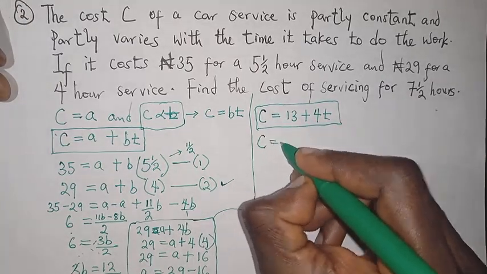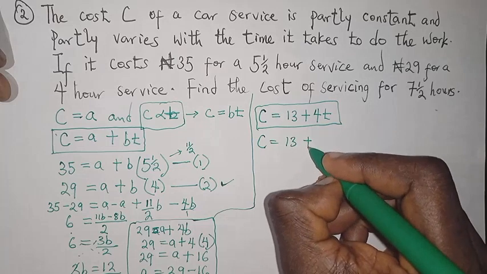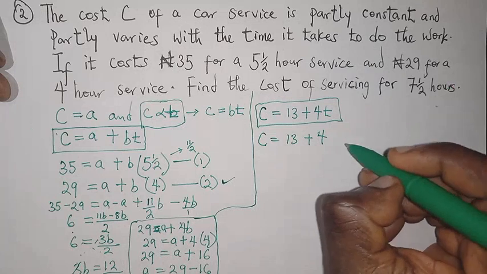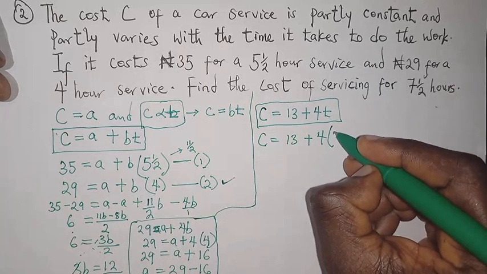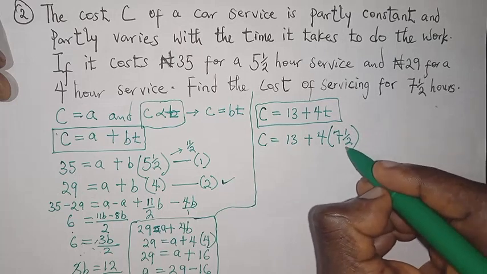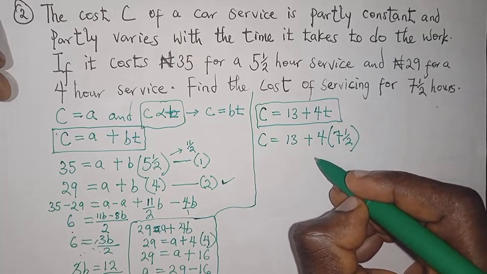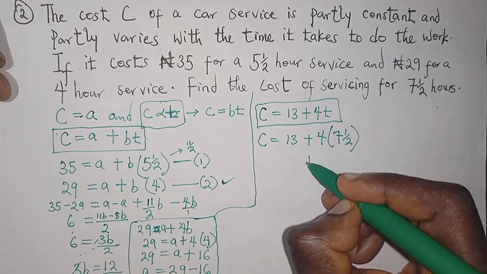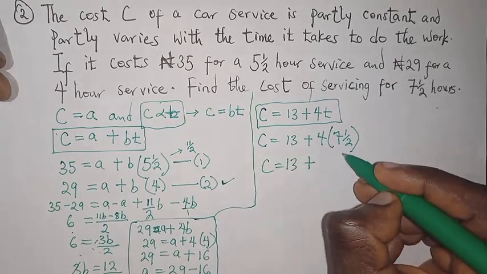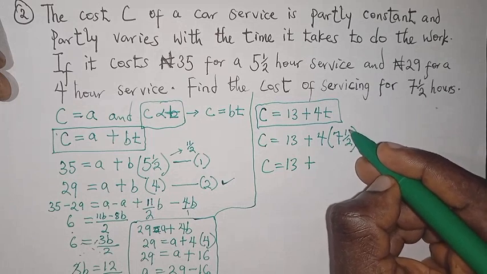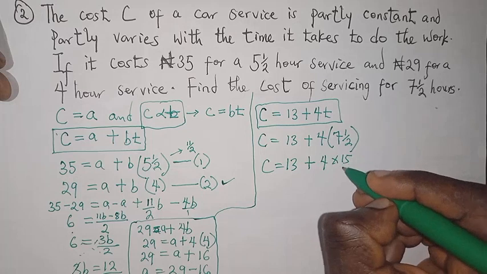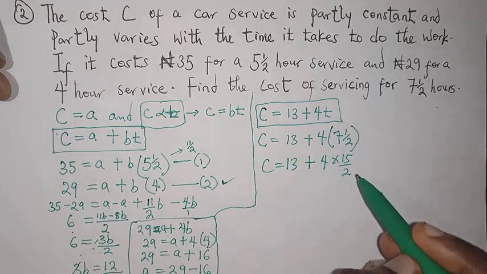So cost is simply 13 plus 4T. Now, what is the time we were given? 7.5 hours. But we are going to turn this into an improper fraction. So the cost equals 13 plus 4 times 15 over 2, since 2 times 7 is 14 plus 1 is 15.